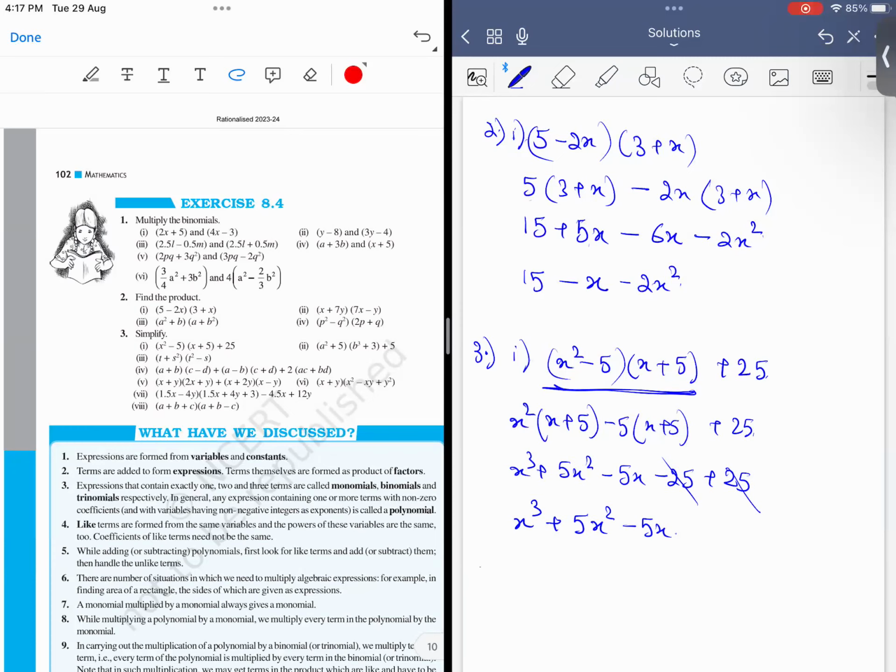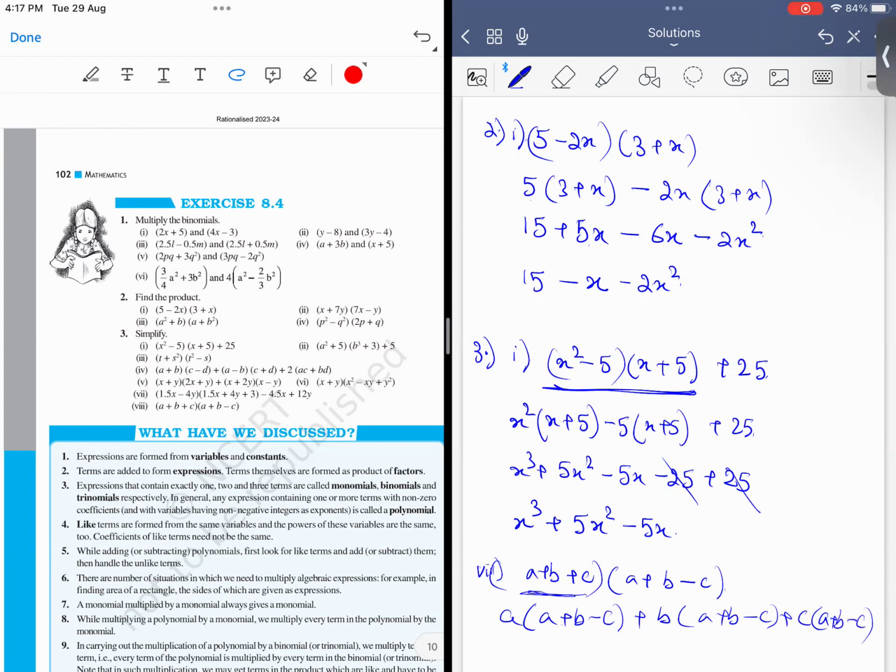Now, if you see the eighth one, a plus b plus c into a plus b minus c. So again, each of the terms of the first trinomial will be multiplied to the second trinomial. So a into a plus b minus c plus b into a plus b minus c plus c into a plus b minus c.